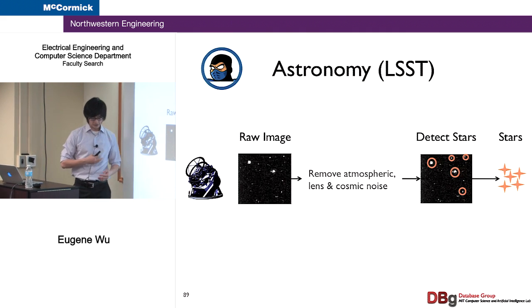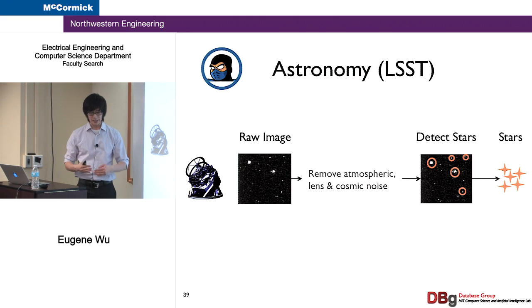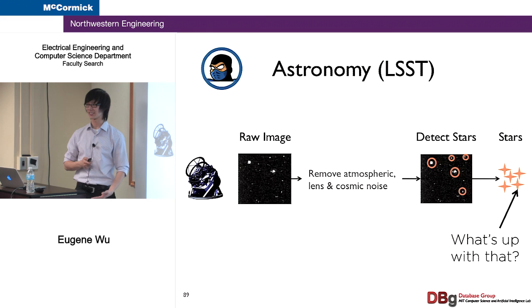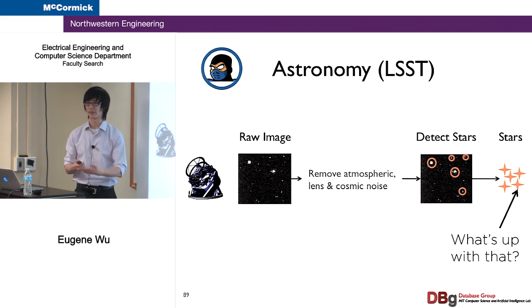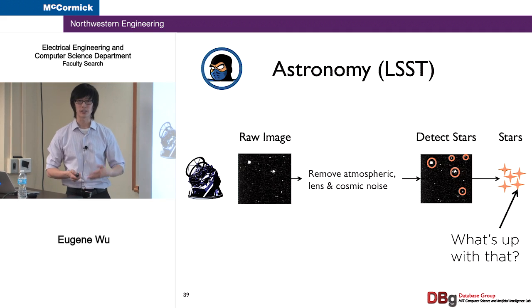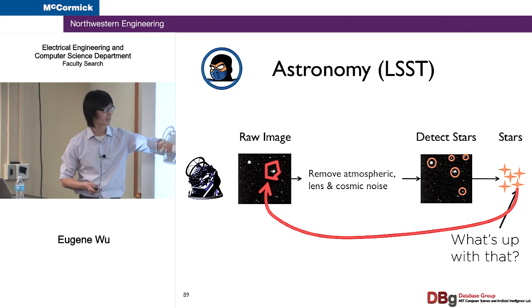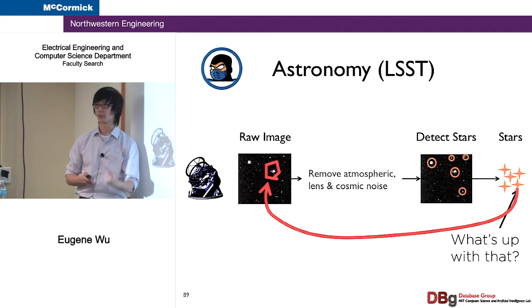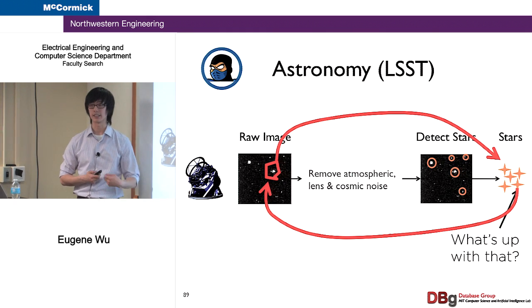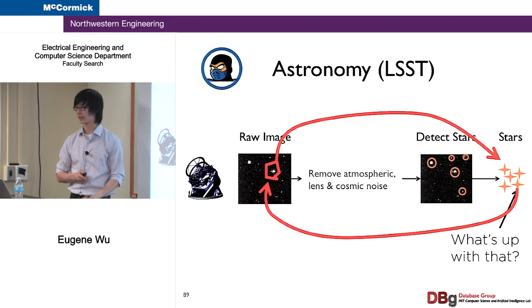One of the things they want to do is, as they detect new stars, be able to ask, well, what's up with that star, right? Is this due to a random speck of light, or is this actually a star that we can use in some way? In order to understand this, they need to first trace back to the pixels that were used to compute this star. And if it turns out that they're faulty in some way, they need some way of discounting all of the other results that depend on these pixels.